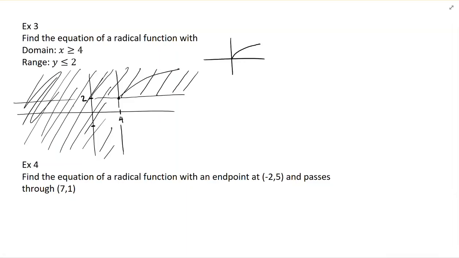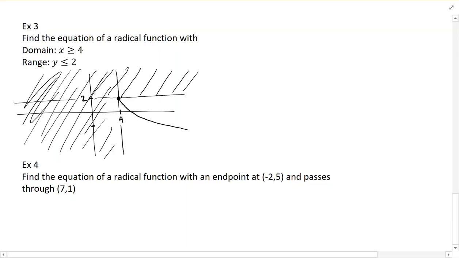Therefore, my radical graph must be going down. So let's erase that last line. So I know the starting point, the end point, must be at 4, 2. And to have a radical graph, the only way is to kind of go down here. So it's got to be a reflected square root graph.